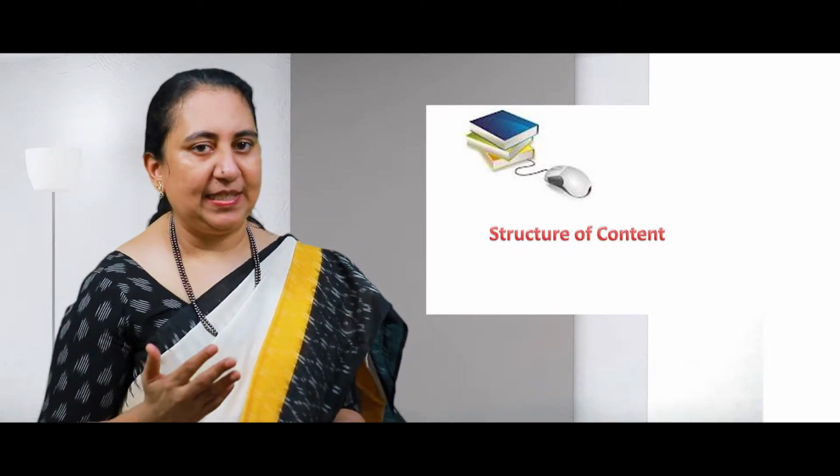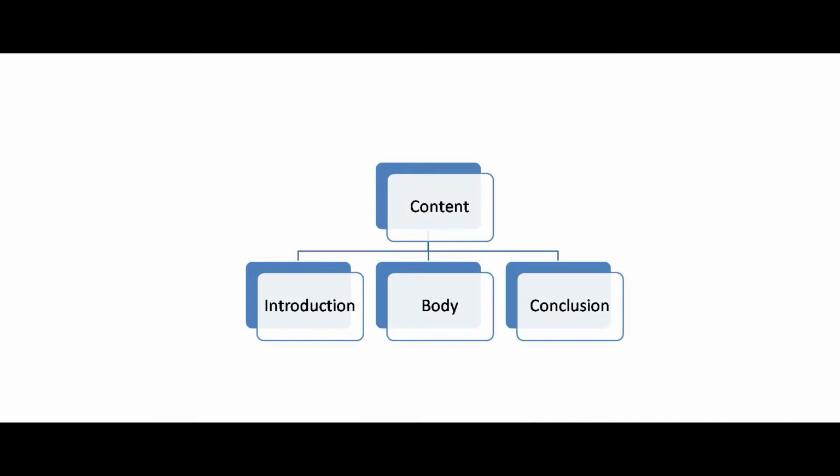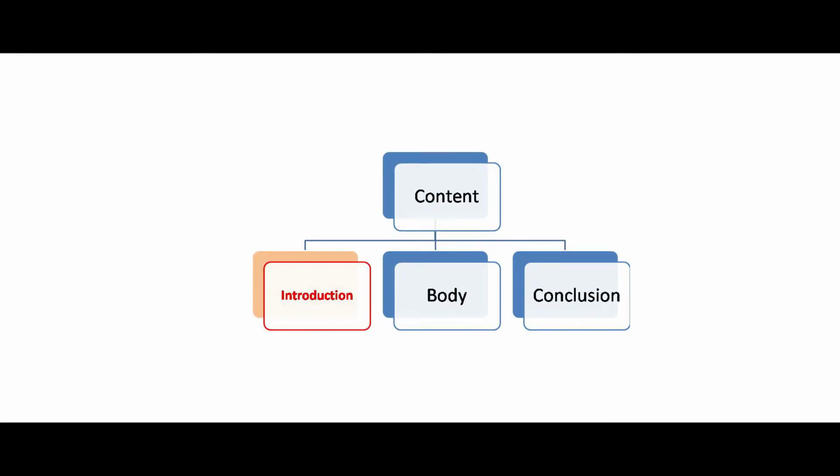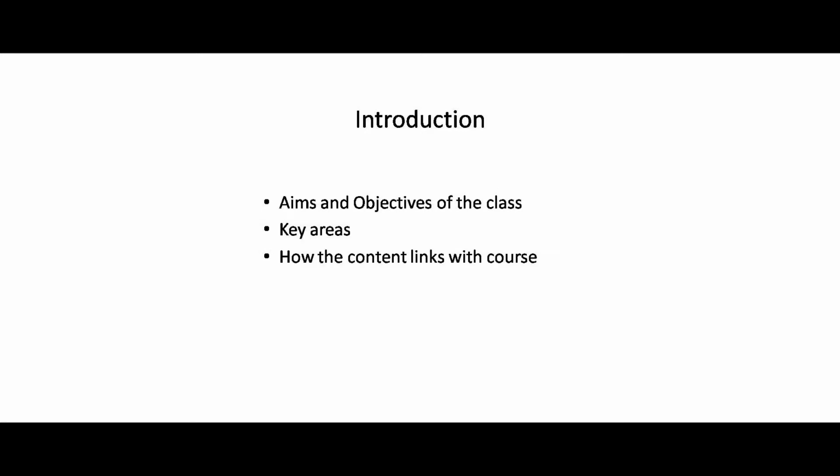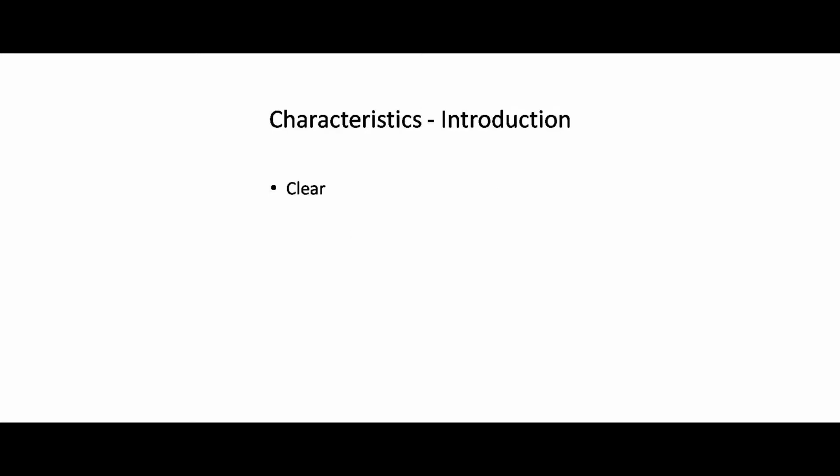As we have discussed earlier, each content should have 3 clear sessions. The first one is introduction. It includes aim and objectives of the class, key areas, and how the content links with the course. It should be clear, interesting, and should provide an outline or structure.